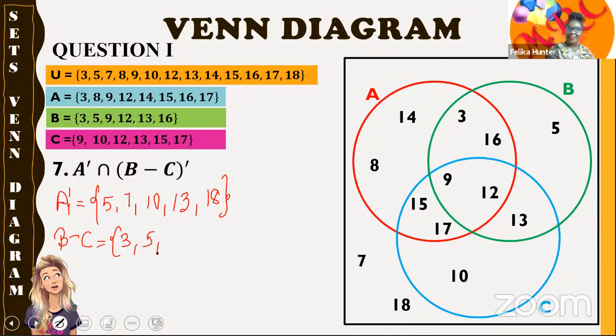You want to check again? So 3 is correct. 5 is correct. The next one, 10. Okay. So remind me of what B minus C is. 16, miss? Yes, so Gabby, it would be 16.